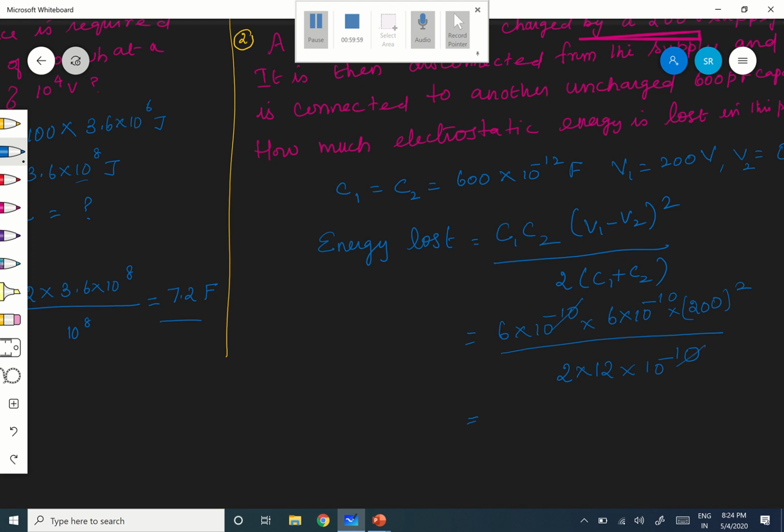You will be getting the final answer as 6 into 10 power minus 6 joule. This is the expression for energy lost. Energy lost is 6 into 10 power minus 6 joule. Is it clear? Okay, that is it for today.